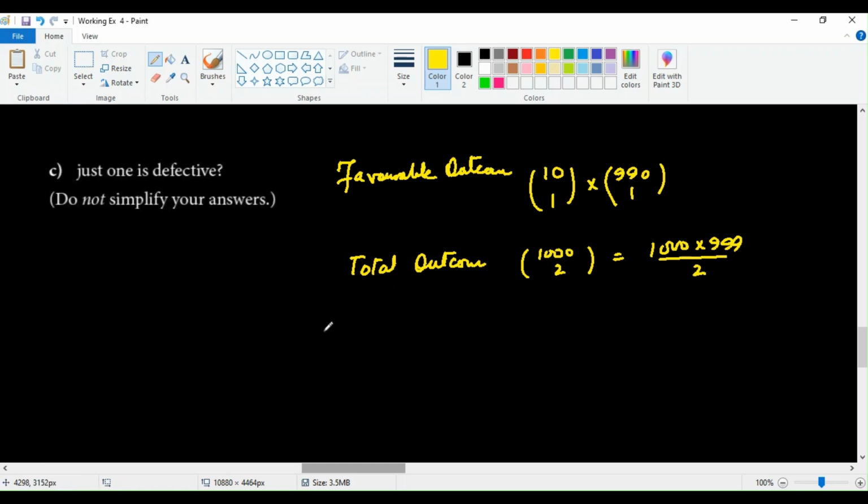So finally what we do is divided by 1000 times 999 divided by 2. So ultimately we change this sign of division by multiplication, and I will swap this.